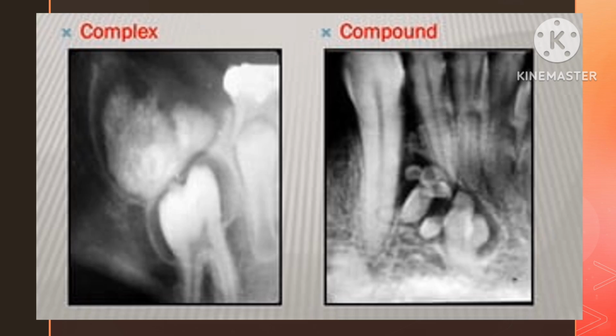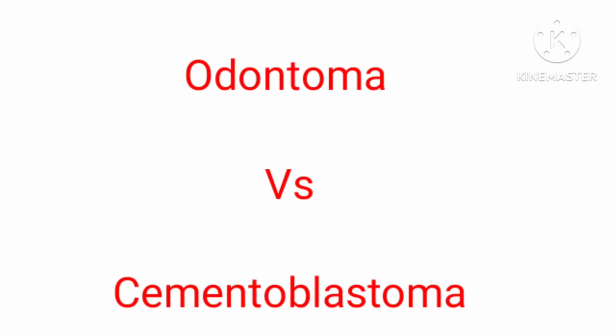Compound odontomas contain multiple tooth-like structures known as denticles, and they are commonly located in the anterior maxilla, while the complex odontoma appears as a mass of enamel and dentine typically found in the molar region of the jaws. Odontomas are pericoronal, and this makes them different from the cementoblastoma.